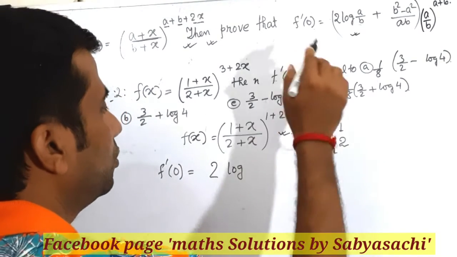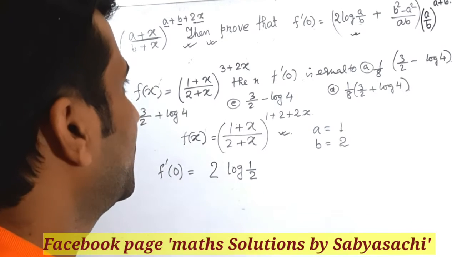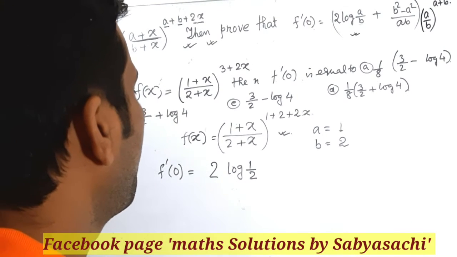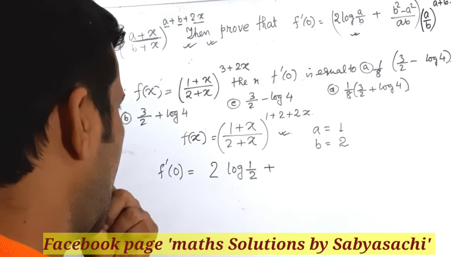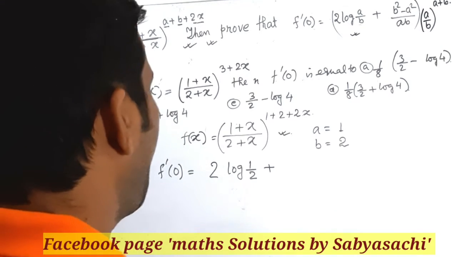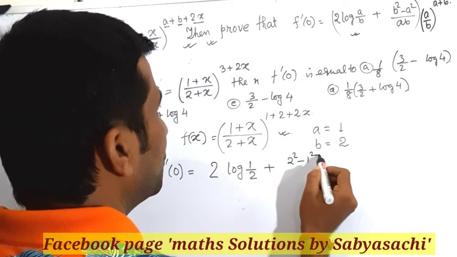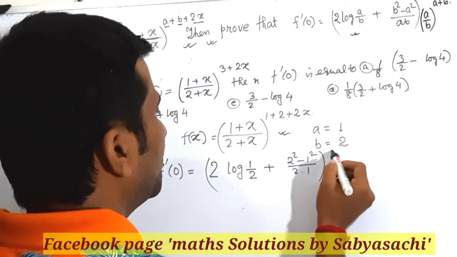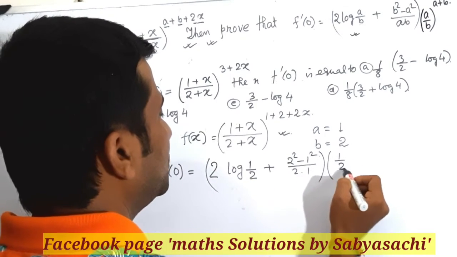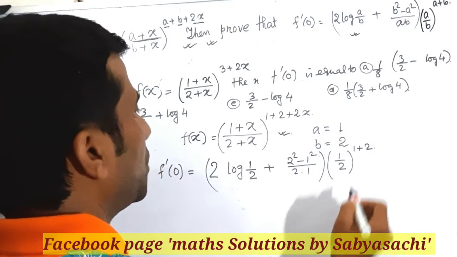Then 2 log(a/b) means 2 log(1/2), plus (b² − a²)/(2ab) to the power (a + b), meaning (2² − 1²)/(2 into 1) whole to the power 1/2, whole to the power 1 plus 2.